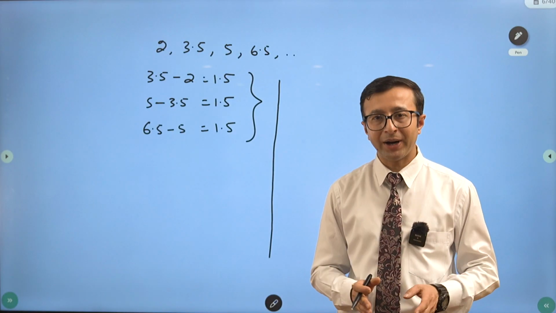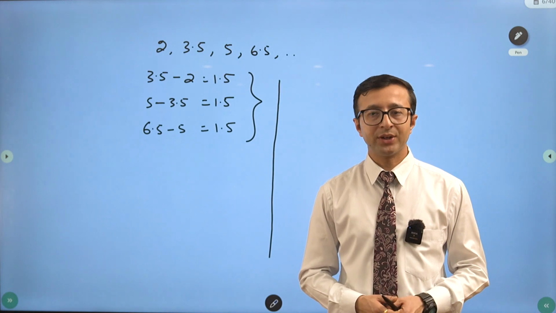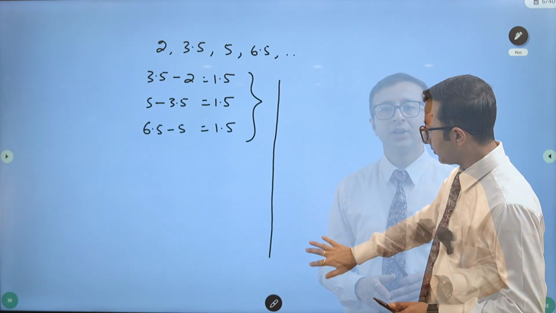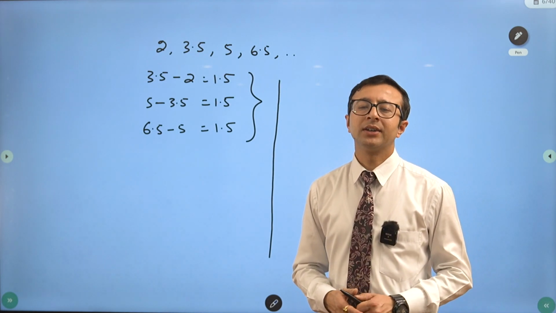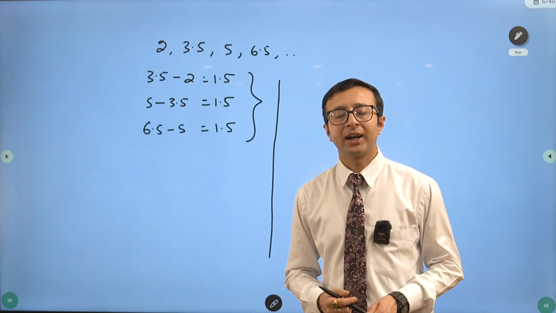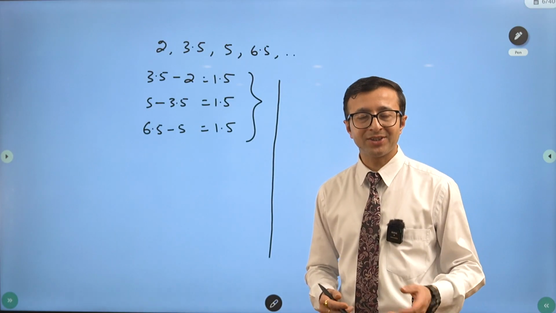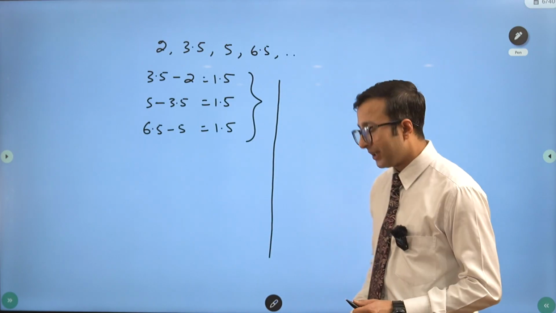If it follows that pattern, whatever difference we obtain, we call it the common difference. For now, we will take D to be a real number. In real numbers, every type of number is there: natural numbers, whole numbers, integers, rationals, irrationals. This whole collection makes up the real numbers.